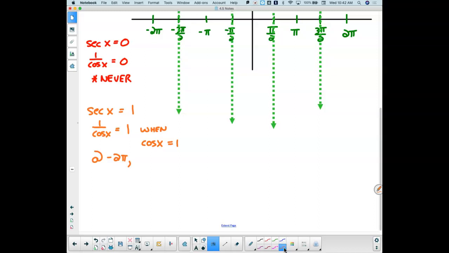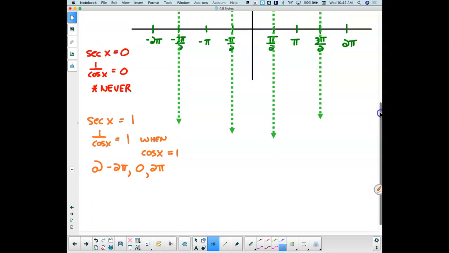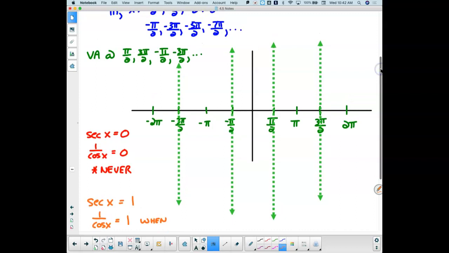Yes. Missing 1. And 0. So at 0, at 2 pi, and at negative 2 pi.